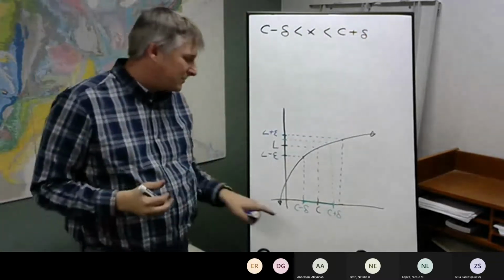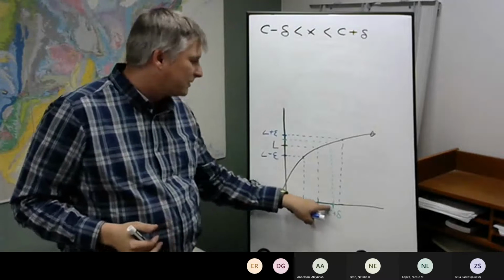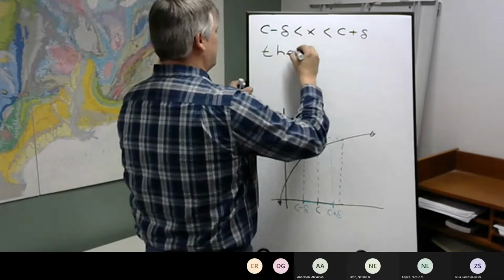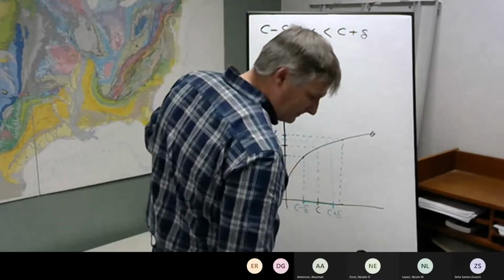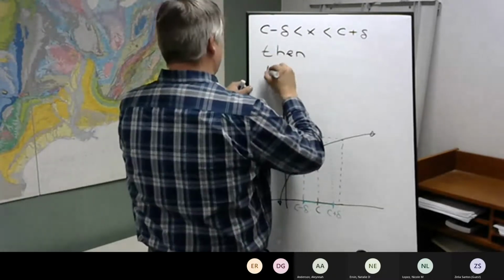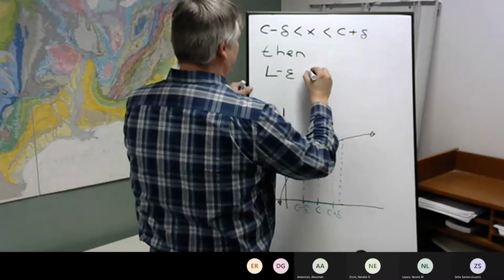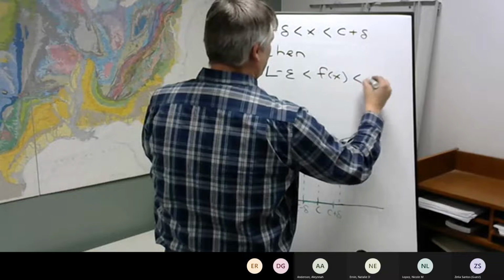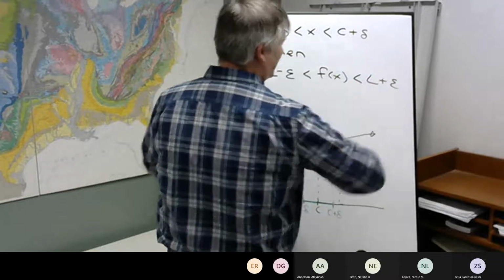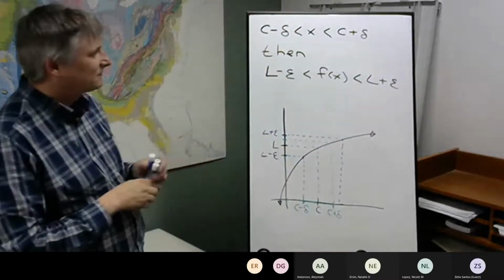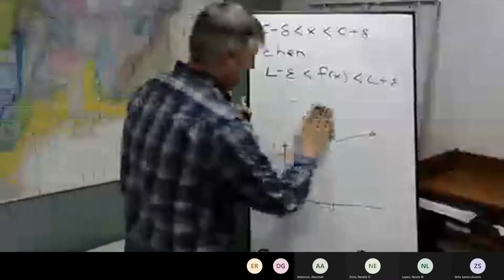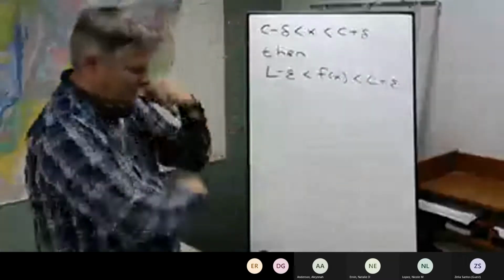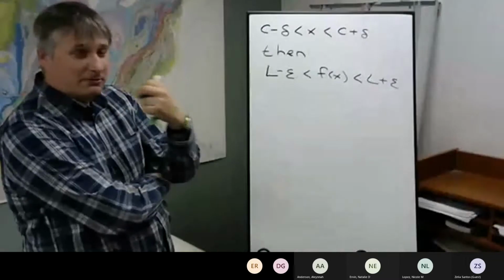So again, if we're choosing an x value in here or in here, then as a consequence, L minus epsilon is less than f of x less than L plus epsilon. Now we can rephrase this.